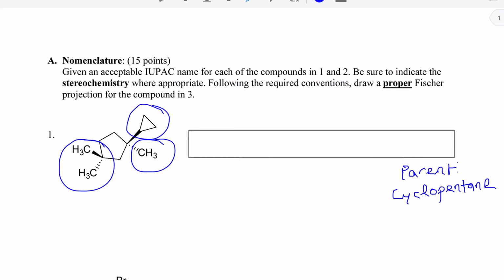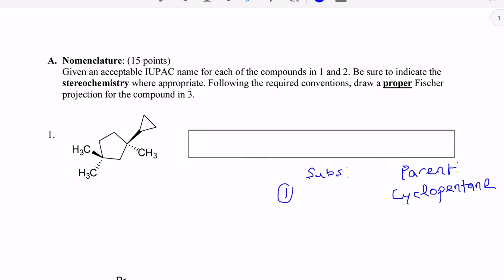Let's write down what substituents we have. We have a cyclopropyl group, and we have 3 methyl groups.